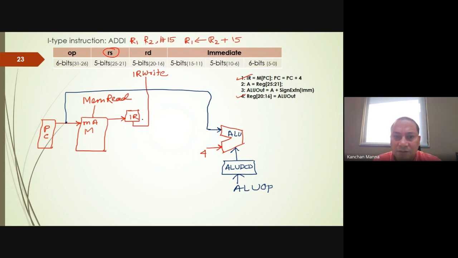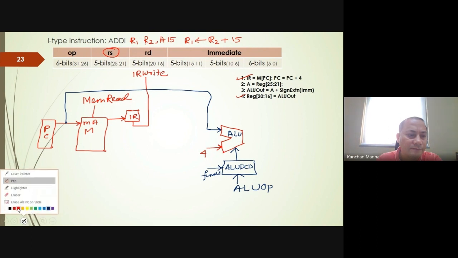Also, for an R type instruction, remember you have to provide the func field. The func field would come from this instruction. I'm not drawing that one because it would get messy in this drawing. So let's say that is the func field. It will come from this instruction. Okay. Now we have performed the PC plus 4. Now we have to load that value in the PC.